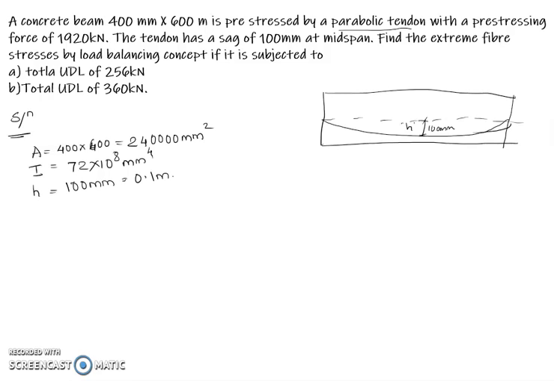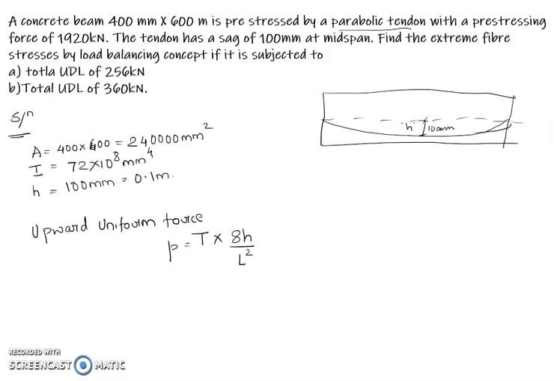Now, for the load balancing concept, we have to calculate the upward uniform force. The equation is already given to us: P is equal to T into 8H upon L square.